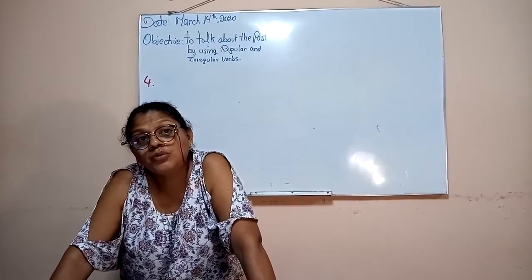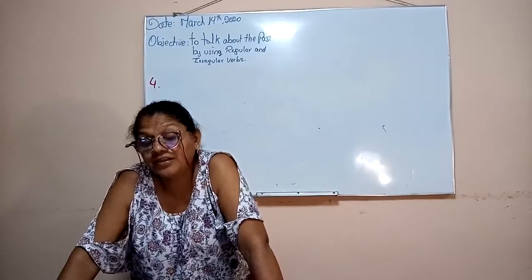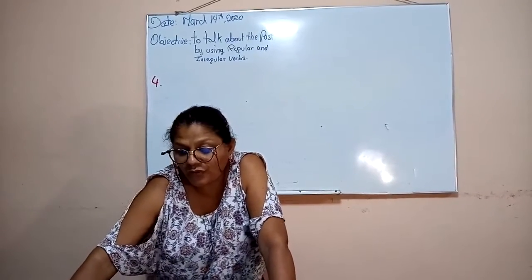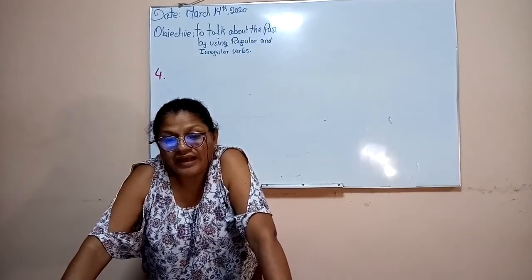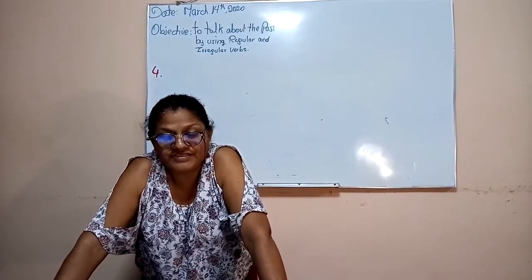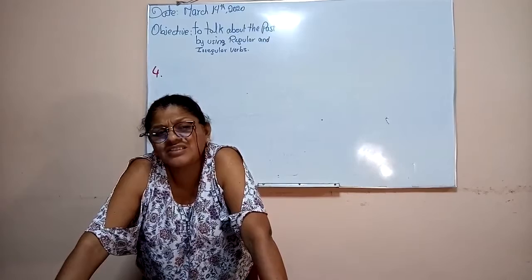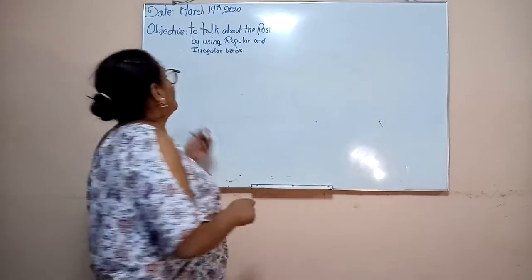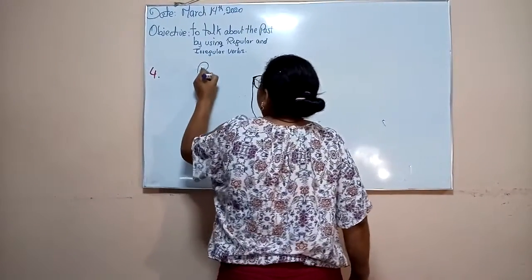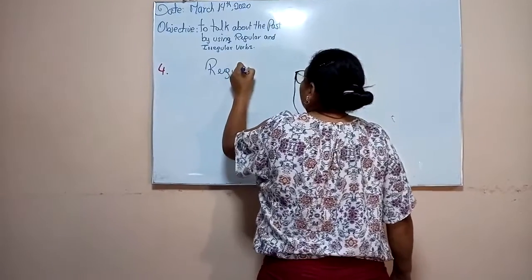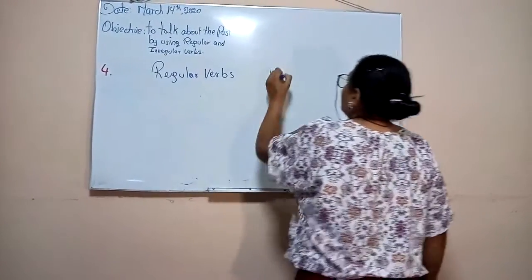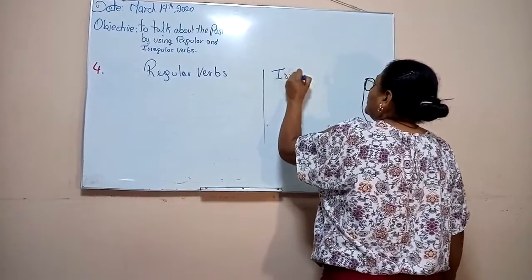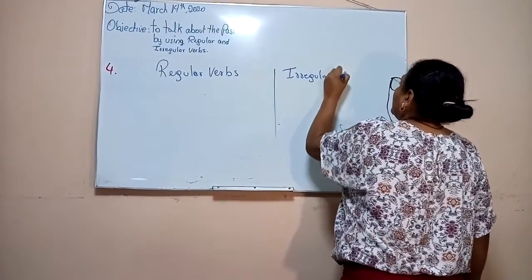As I told you in the morning through Edmodo, you've got in your book, on the last page, a list of irregular verbs. What's the difference? On one side we've got regular verbs, and on the other side irregular verbs.